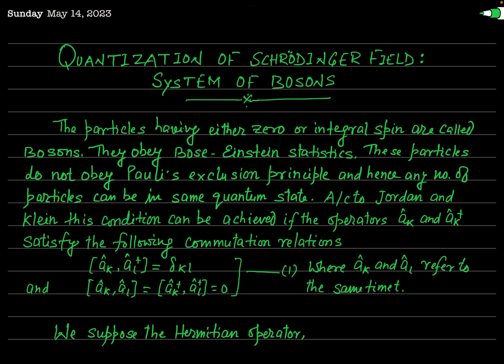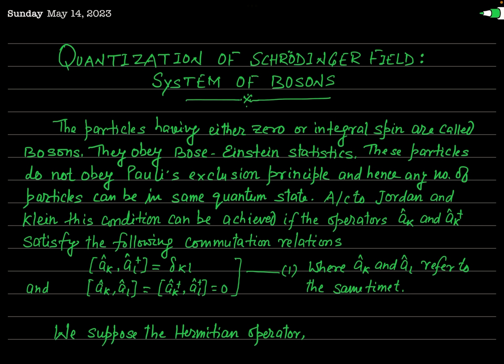In second quantization, we have started to deal with the problem of quantization of the Schrodinger field in the previous lecture. In the first part of the lecture on quantization of Schrodinger field, we have seen the basic concept of the second quantization of Schrodinger field.